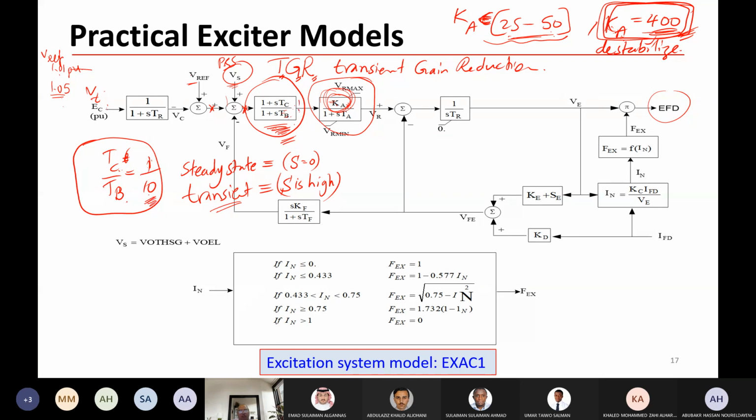So this 1 over 10 will be multiplied by Ka. So during the transient, the automatic voltage regulator will have a gain of 40, not 400. At steady state, it has 400. Is it clear, Abdulaziz? Yes, Doctor.